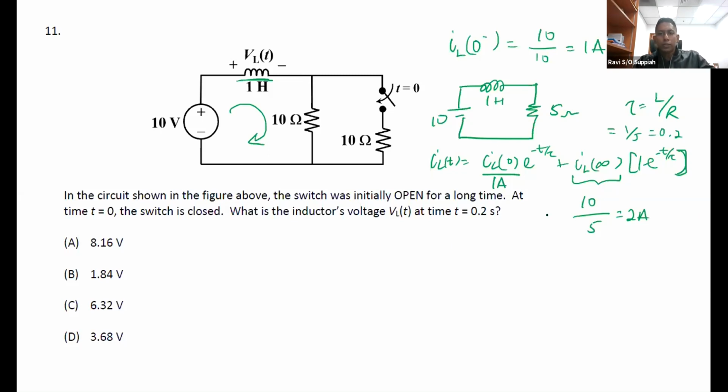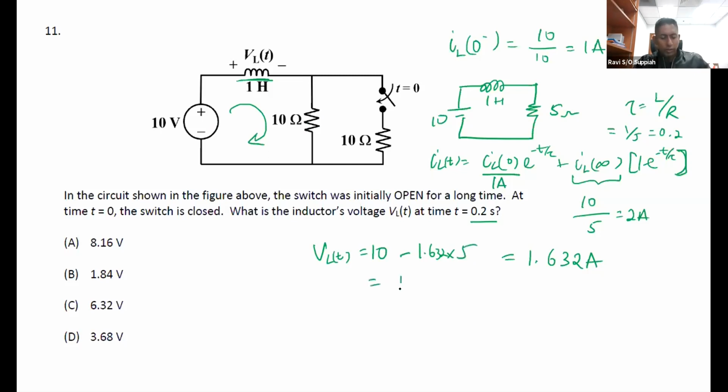Okay, so you put all of this inside your expression and you will get your current. At time t equals 0.2, you substitute t is 0.2 inside. What you get, your current should be 1.632 ampere. And your voltage is basically your supply voltage subtract the current 1.632 multiplied by the resistance seen across the 2 resistors here.